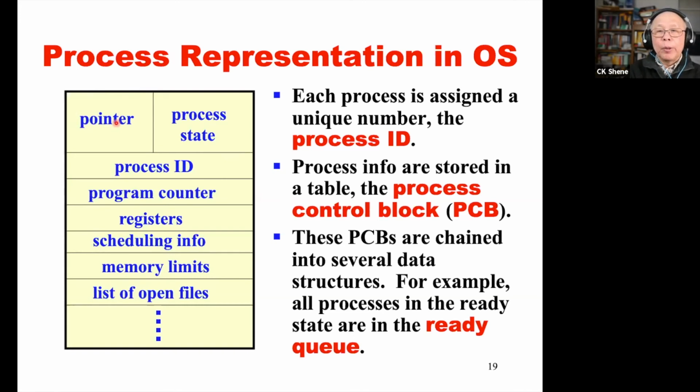For example, if a process is waiting for the completion of I/O of a certain disk, all processes waiting for that disk to complete may be chained together through this pointer. So look at this diagram, the PCB diagram, carefully. Remember this one, this one, this one, this one. All of these are important elements in future discussion of this course.